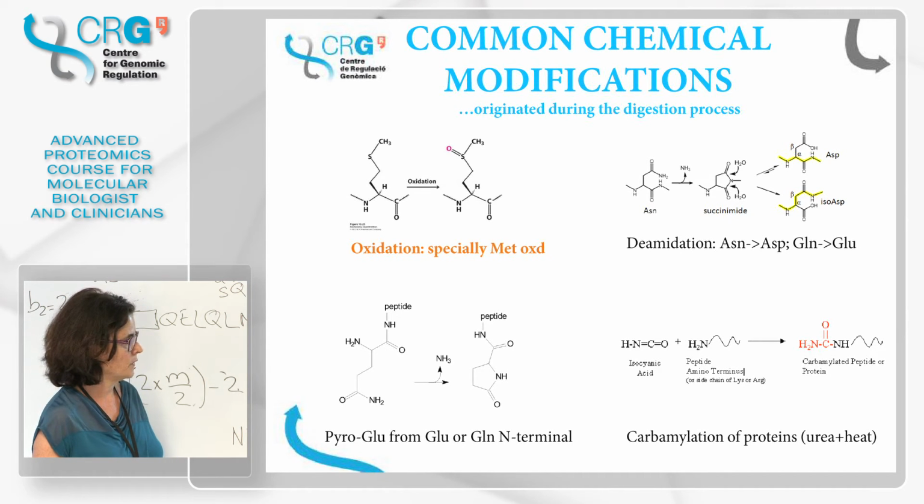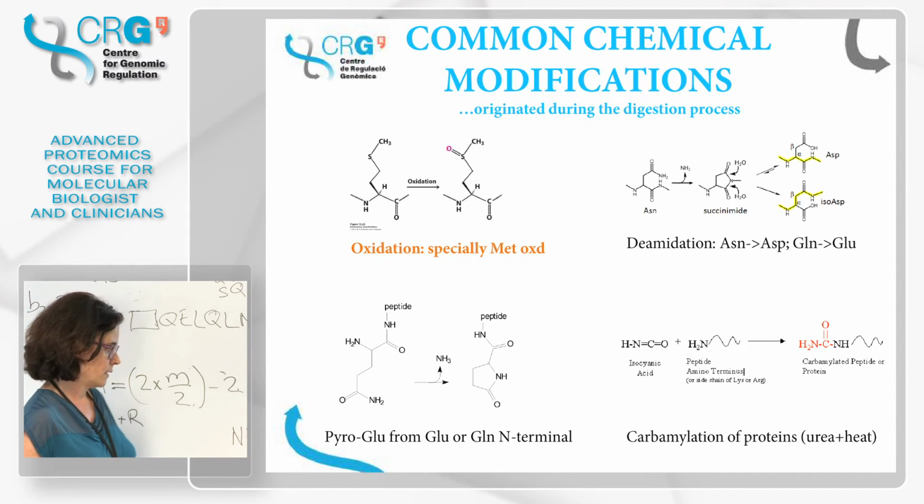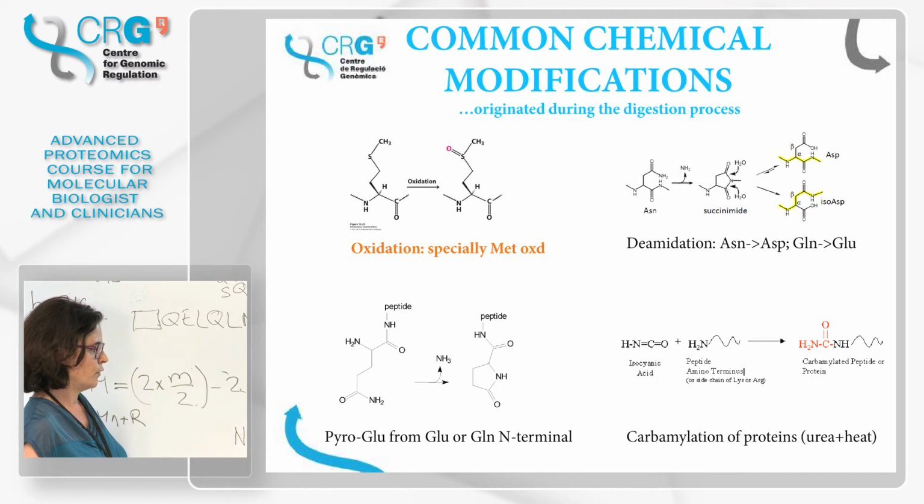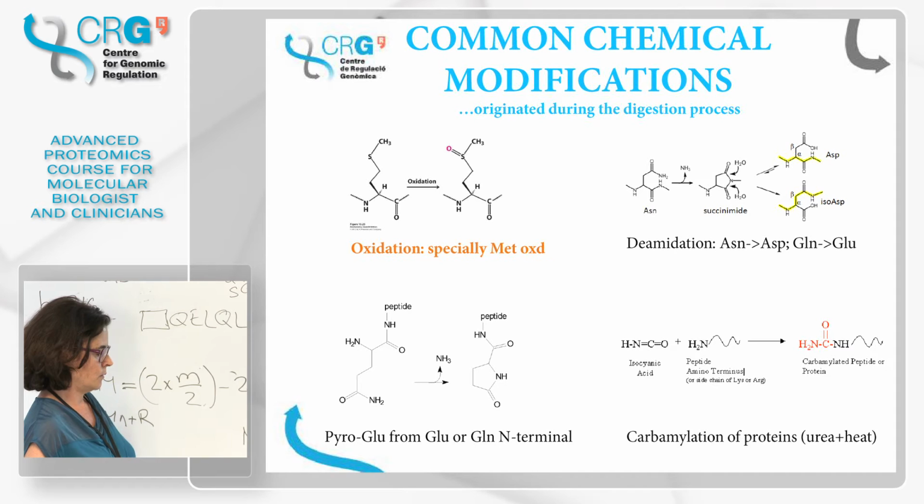Another secondary reaction that can happen is deamidation from asparagine to aspartic or from glutamine to glutamic. When glutamine is at the N-terminal, it can also easily form a cycle, generating what we call pyroglutamic.